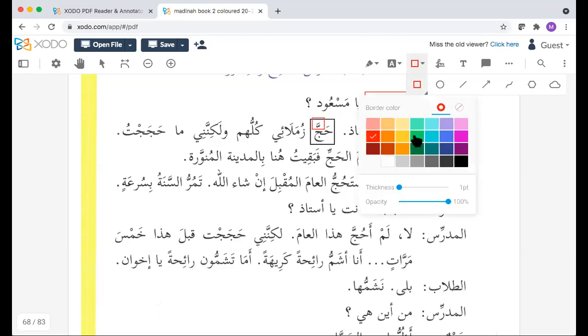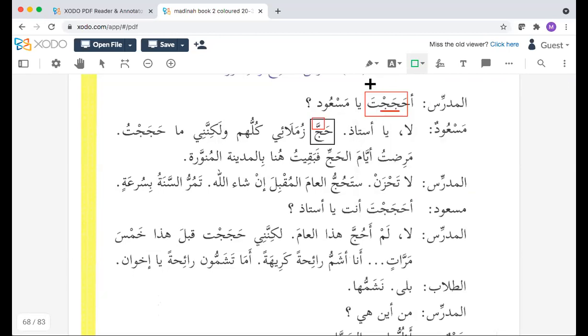But when you have a damir muttasil, like for example the damir al-rafa' lil mukhatab, then it's difficult to say hajja and then add that damir, because that damir is mutaharrik.